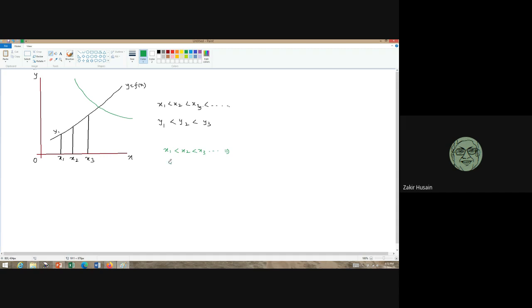It implies y1 will be greater than y2, greater than y3, and so on. The ranking for y reverses. We call this a positively sloped function, and this a negatively sloped function. But the important thing to note is, as x is changing, the value of y is changing.